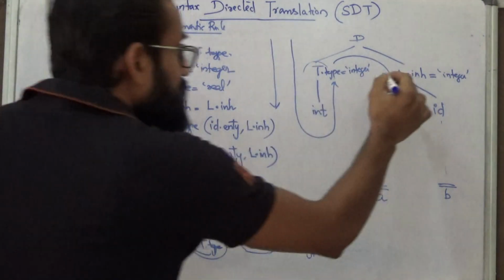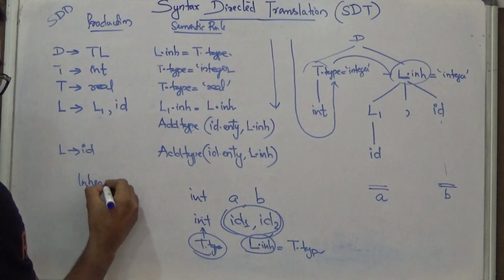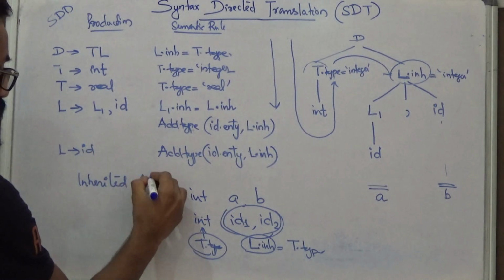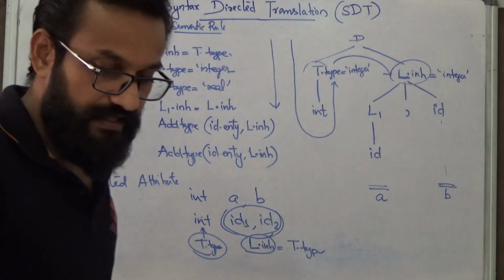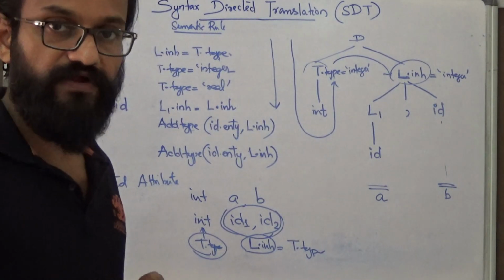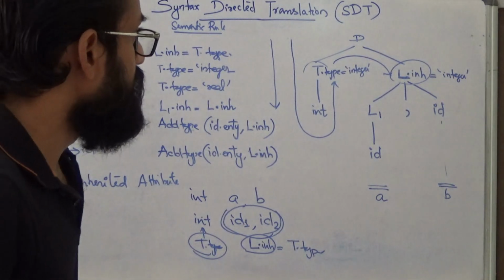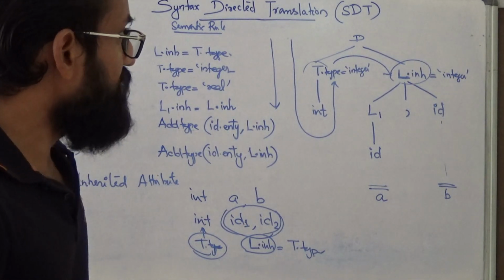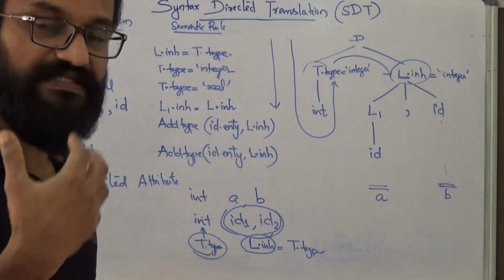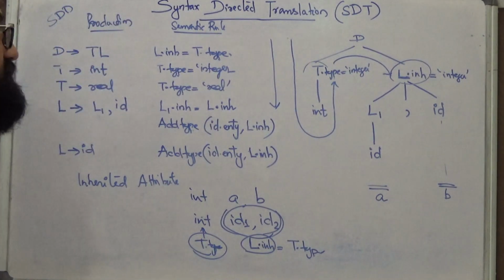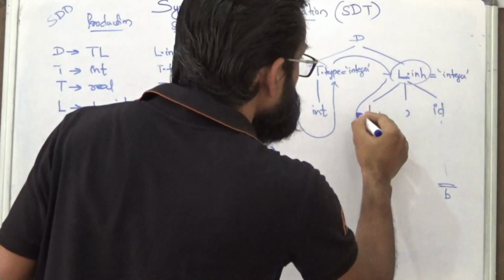So such an attribute is termed an inherited attribute. If an attribute gets its value from its children, then it is termed a synthesized attribute. If the attribute gets its value from its sibling or from its parent, then it is termed an inherited attribute.